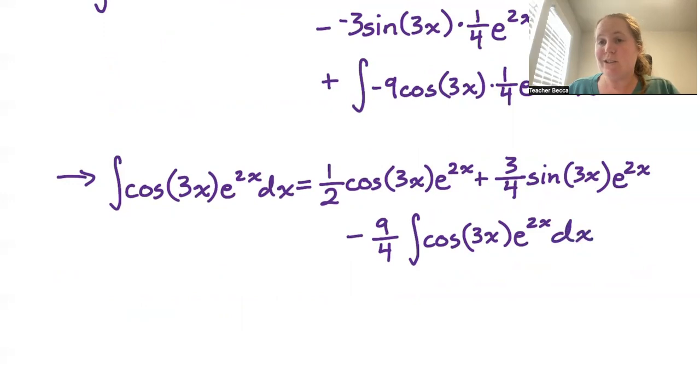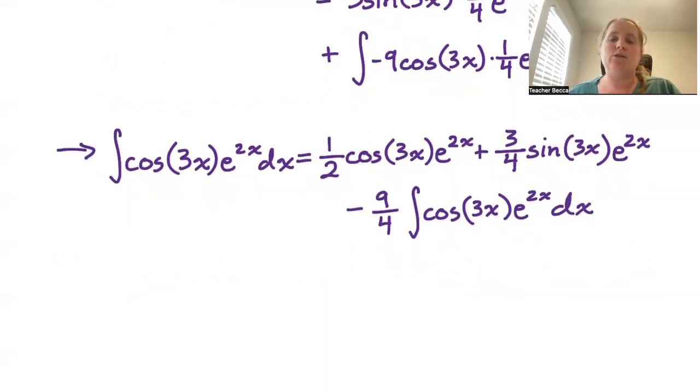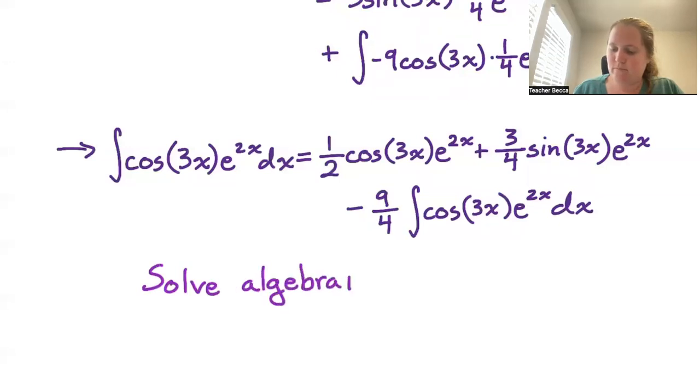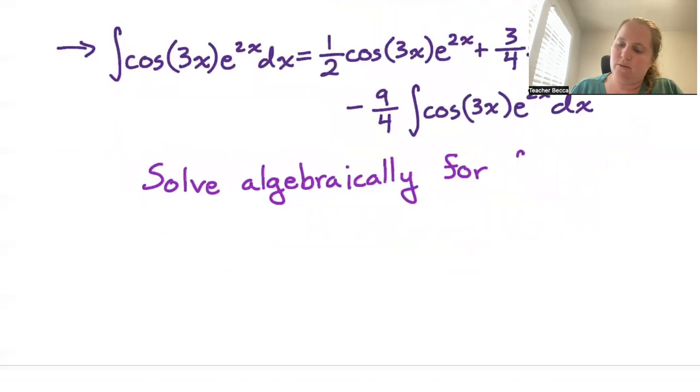At this point, it's just algebra. We're going to solve for the integral, right? So we're going to solve algebraically for the integral of cosine of 3x e to the 2x dx.